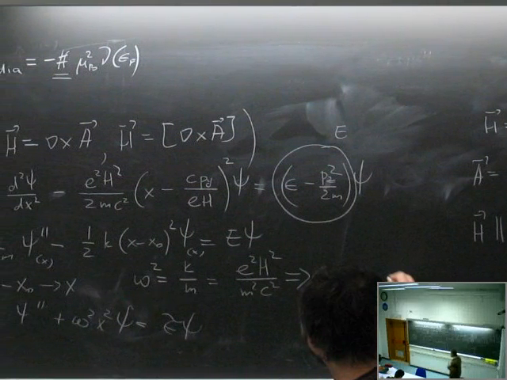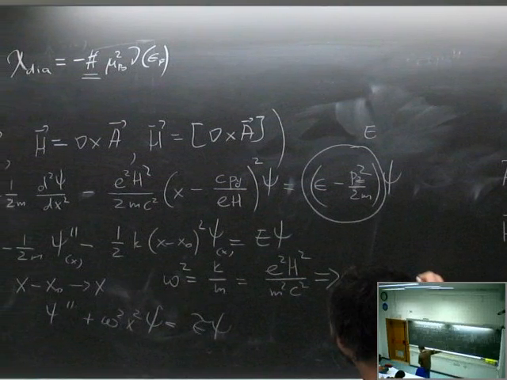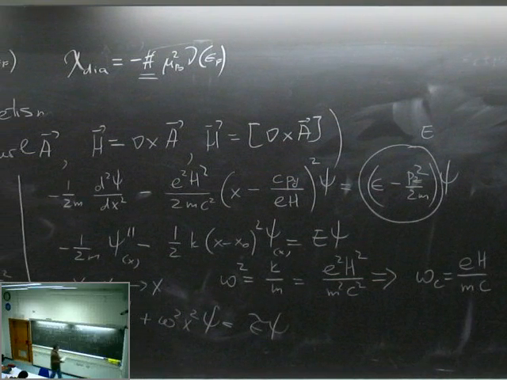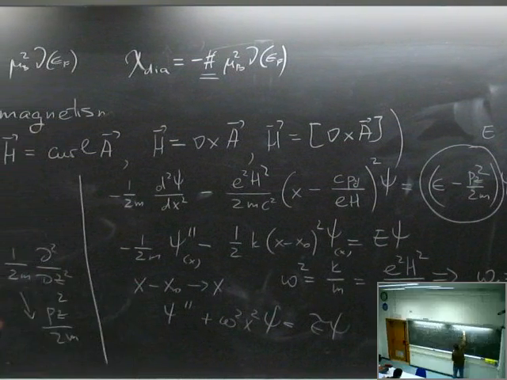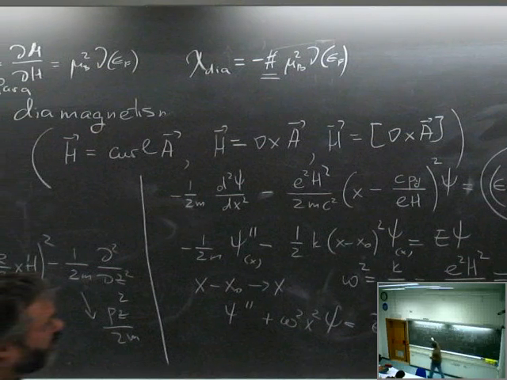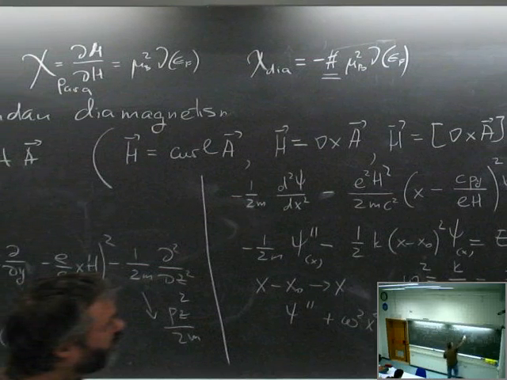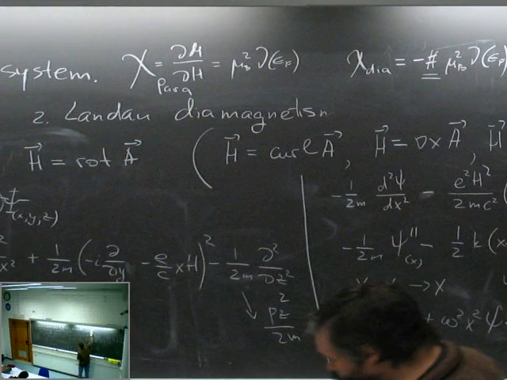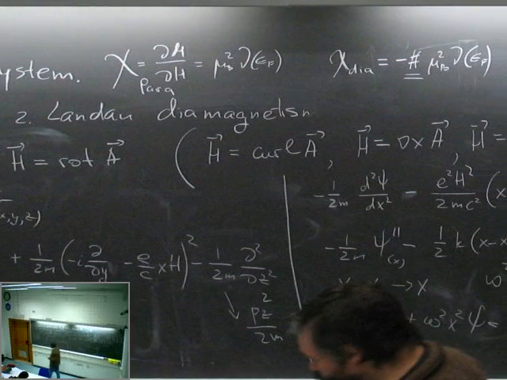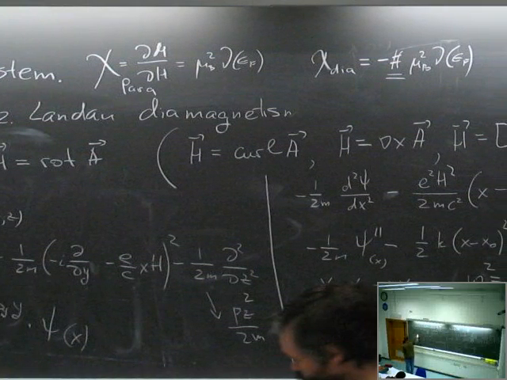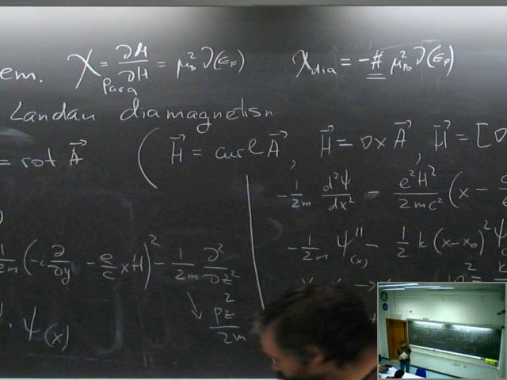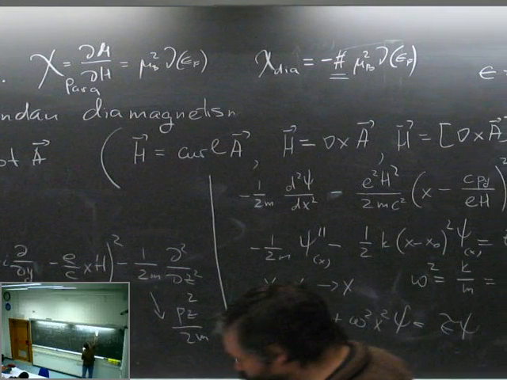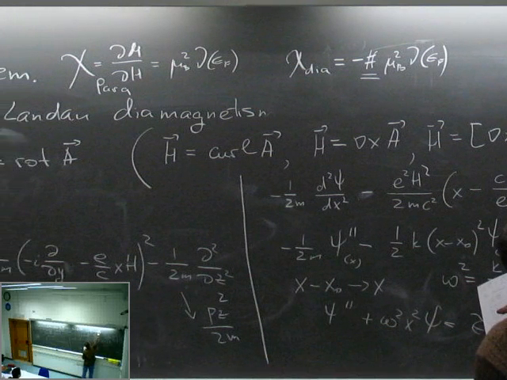And what I need to state from this equation is that the energy spectrum is discrete, and the total energy, epsilon, is equal to p_z squared over 2m. As I said, we have a free motion along the z direction, plus h bar omega_c times (n plus 1/2).